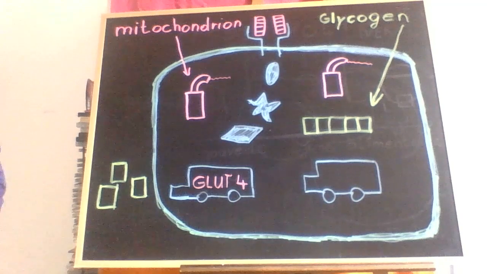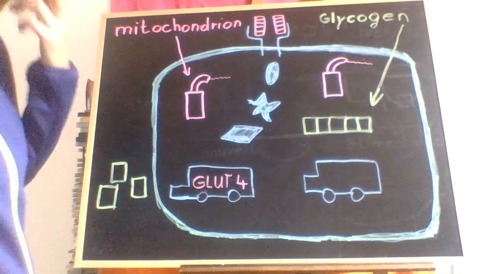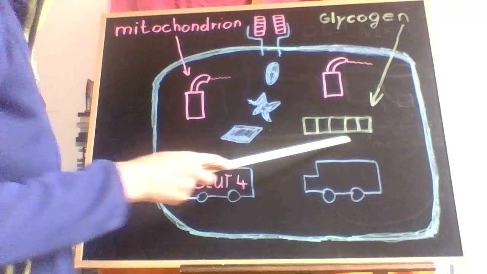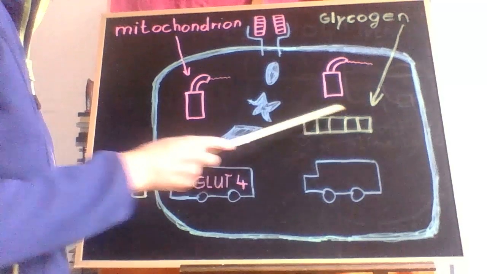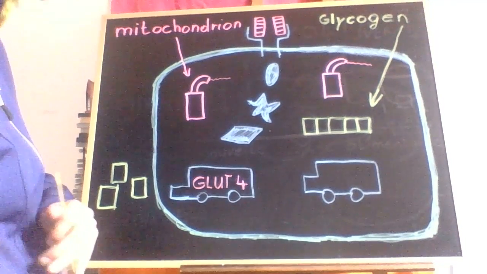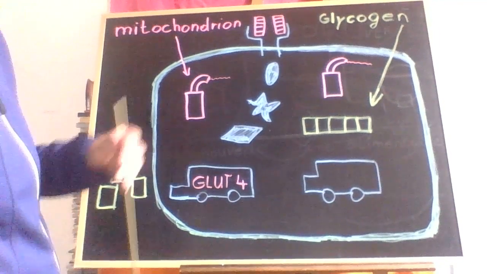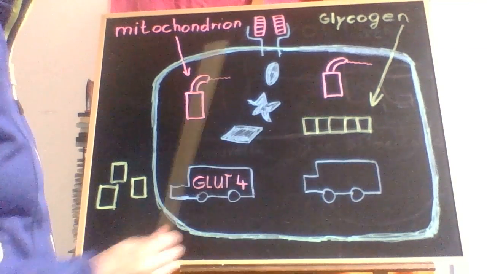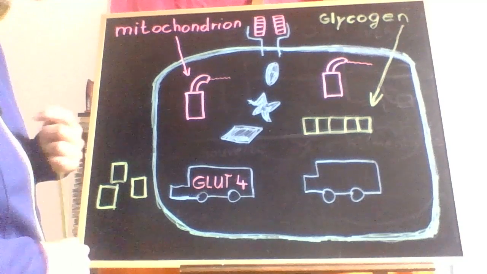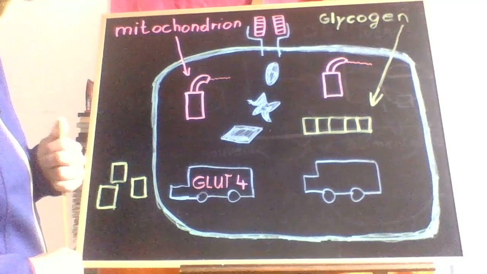So, for example, when we run the marathon, we build up a big glycogen store beforehand. So when we are running the marathon and we don't eat, we will use this sugar, this glycogen, for our running because our muscle needs energy.